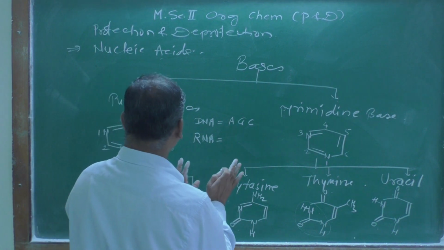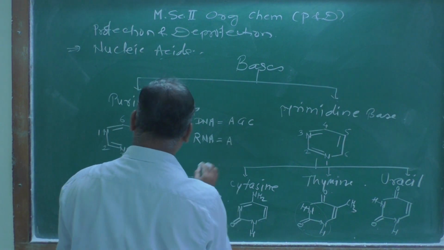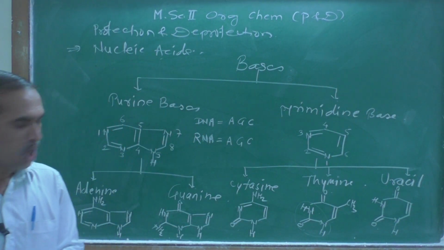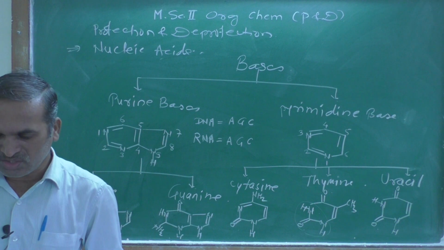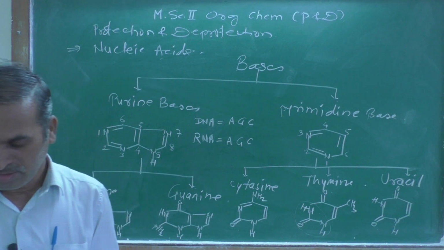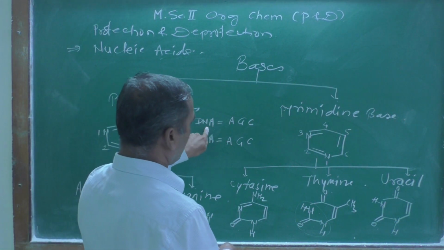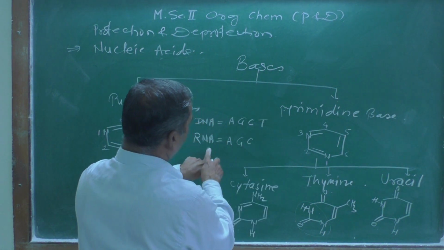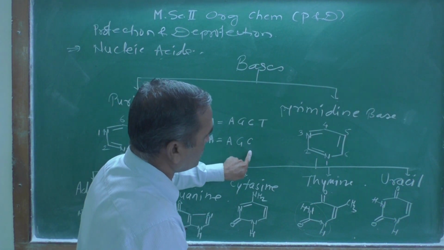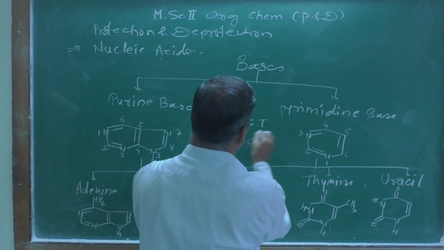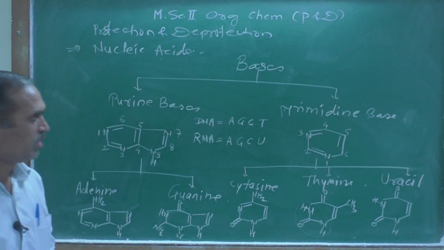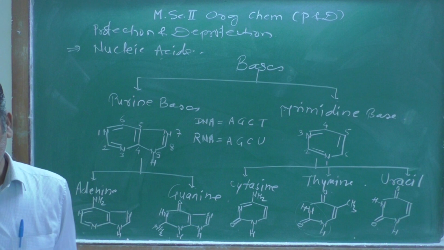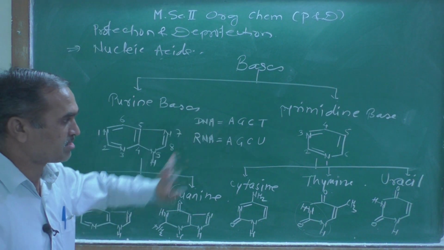Here also in the case of RNA, A, G and C remain common. Only what changes? In DNA, thymine is present, AGCT, whereas in RNA, AGCU is present.